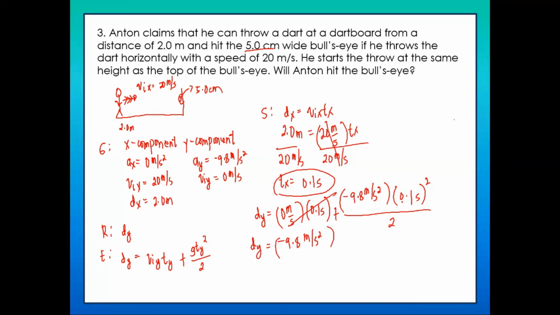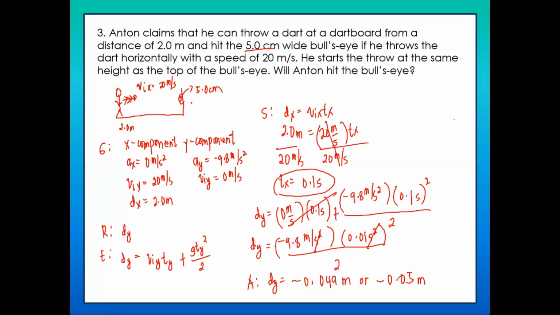What is the result of this? 0.1 squared is 0.01 second squared. Then multiply and divide by 2, canceling similar units. Our answer for d sub y is negative 0.049 meters, or, when we round it off, negative 0.05 meters.